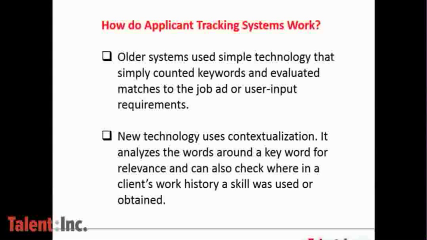And the new technology can understand from the client's content what the context of the Java programming was, and place a higher value on somebody who is currently programming in Java on a daily basis versus someone who, say, took a class in it in 2004. So the advent of contextualization or artificial intelligence in these systems really makes it more difficult to game the system.